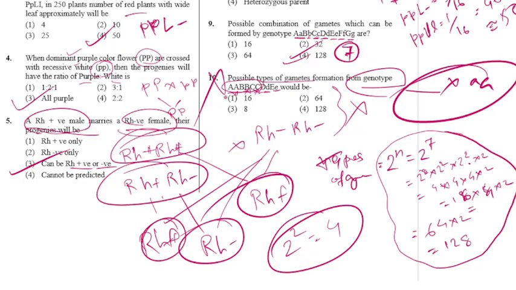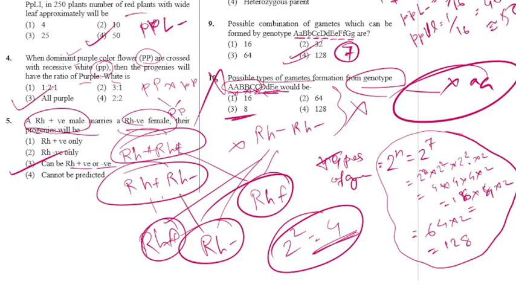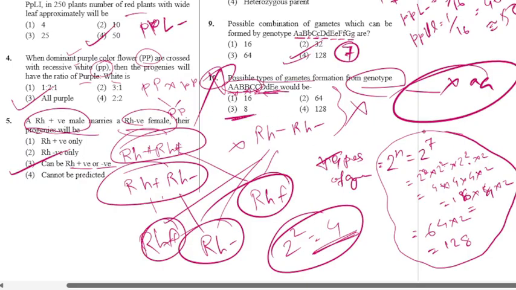And then we can say the answer is 8. But if only two heterozygous pairs are there, you can produce only four types of gamete, right? So that's it for today. Thank you.